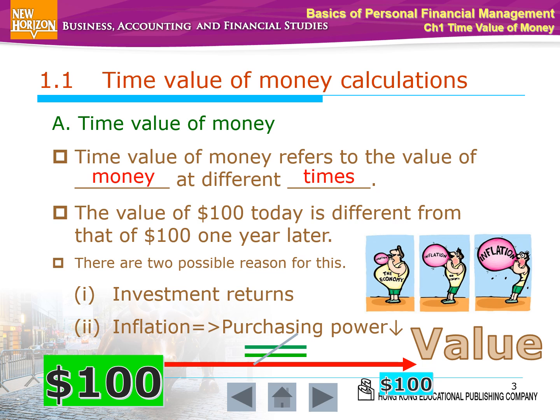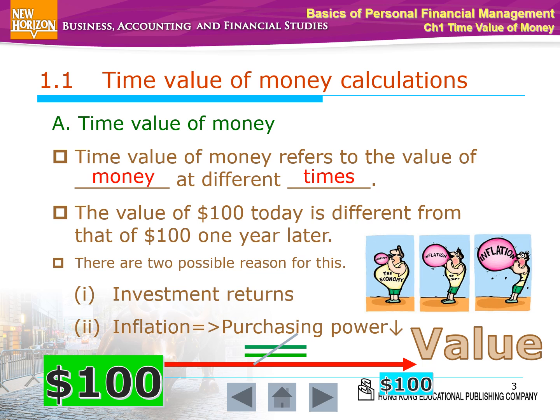You should know that the value of $100 today is different from that of $100 1 year later. There are two possible reasons for this. One is investment returns. Just like the following, you put $100 in your pocket without investing in useful tools.